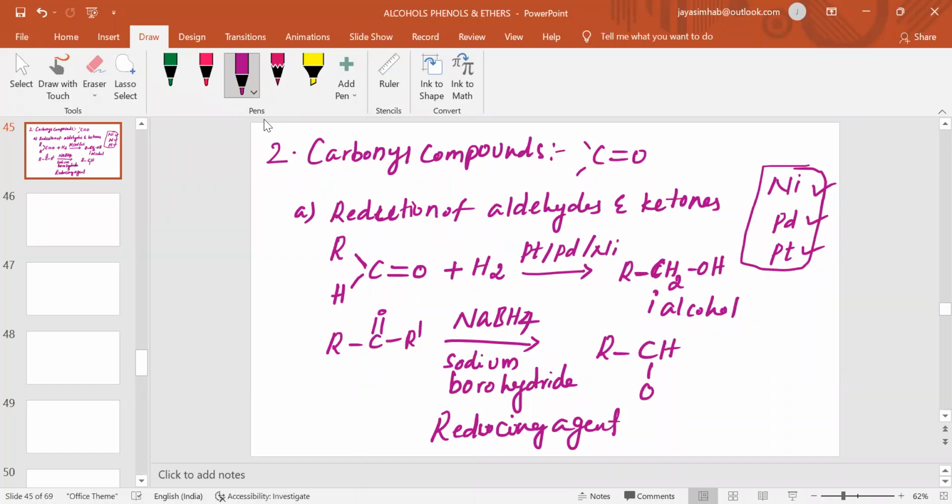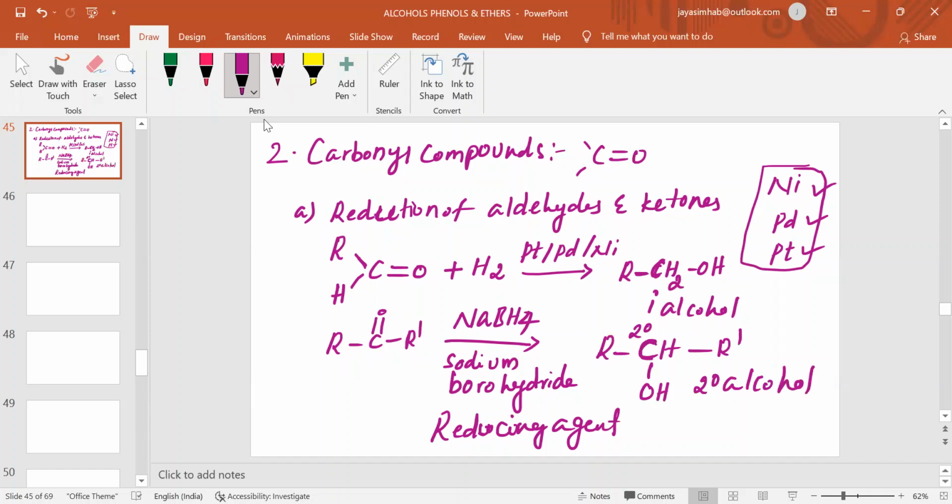So here hydroxyl group is added, one hydrogen is added. This is alcohol. So this will become secondary alcohol, right? Because the carbon is attached to two carbons. This is the secondary carbon, the secondary alcohol.